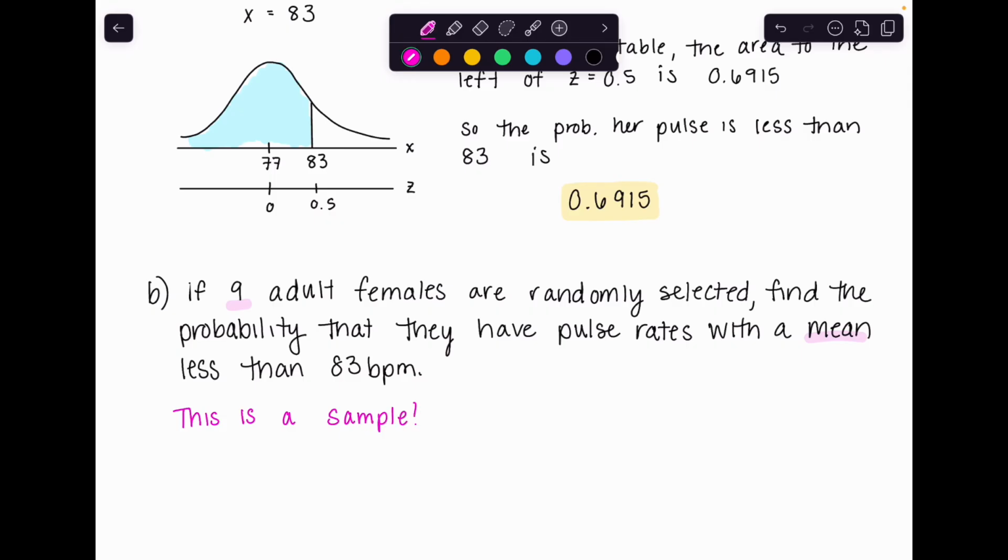So in that case, we have to use the central limit theorem to find our z-score.